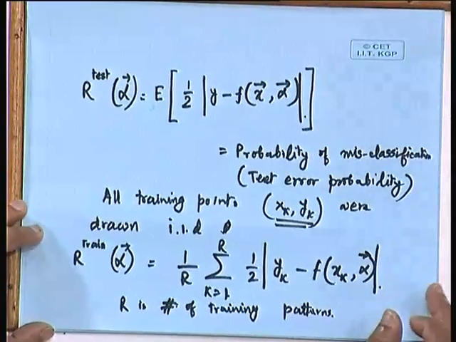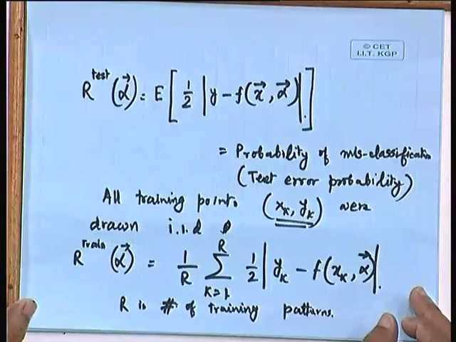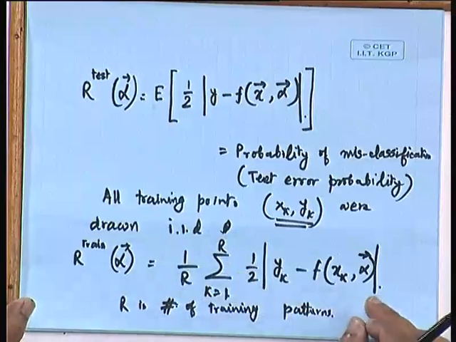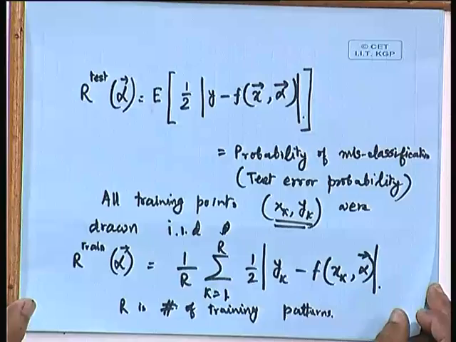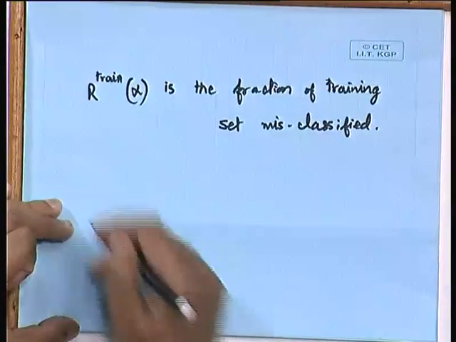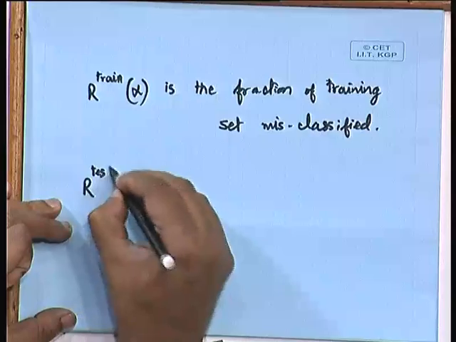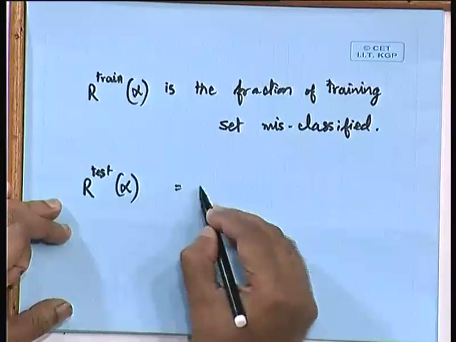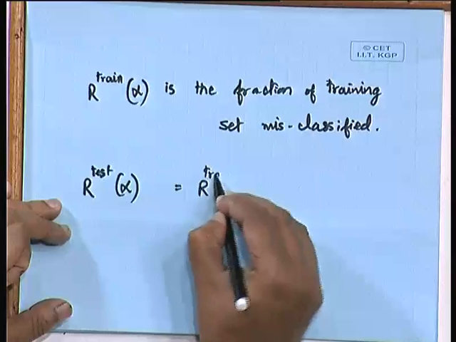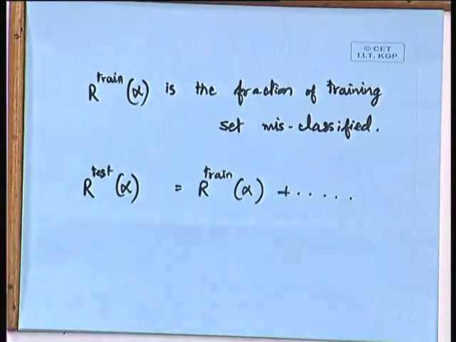So, now obviously our R train is going to be less than this. That is why one can express R test as R train plus something. It is possible to write that R test alpha will be R train alpha plus something. What is that something?